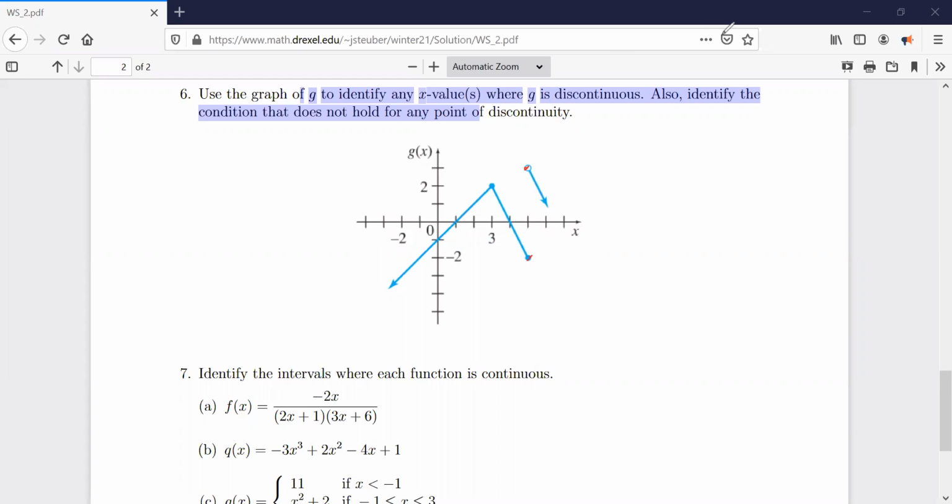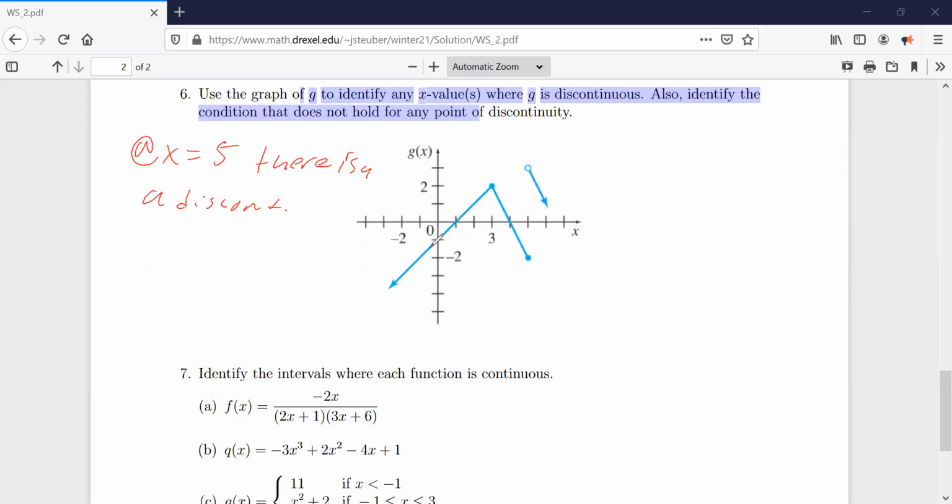So that tells us that at x equals 5, there is a discontinuity. But everywhere else it's going to be continuous, right?